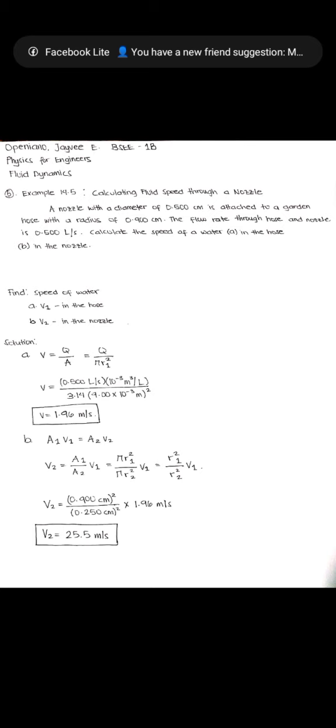Substitute the values. The radius for subscript 1 is 0.900 cm, and for subscript 2 it is the 0.500 diameter divided by 2 to get the radius, so it becomes 0.250 cm. We multiply it by V1, which is 1.96 meter per second.